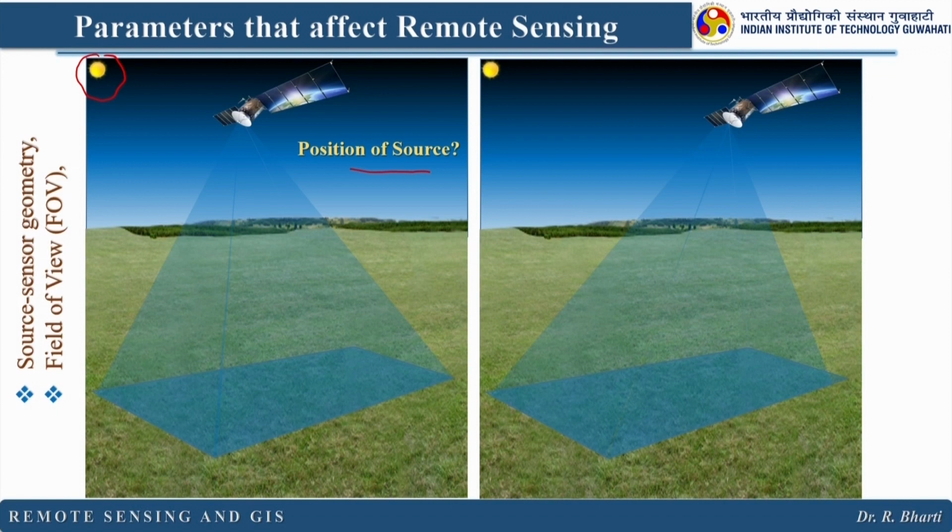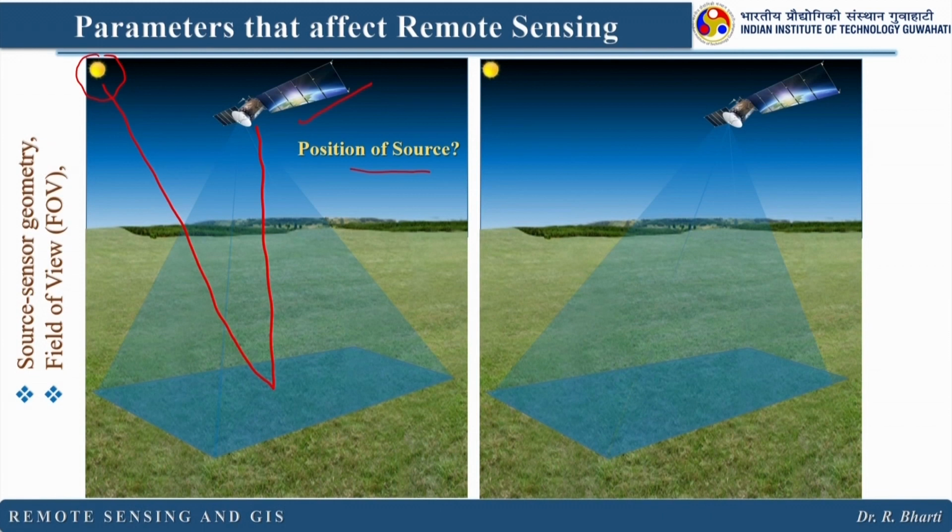At 12 o'clock, it will be very bright. In the evening, it will be less bright. So, depending upon the time, the illumination received by that area will be different. And similarly, the position of the satellite also matters. So, what is the geometry of the sun as source and the satellite?